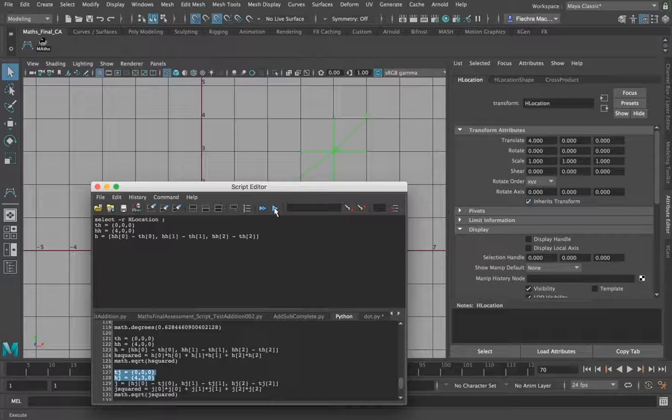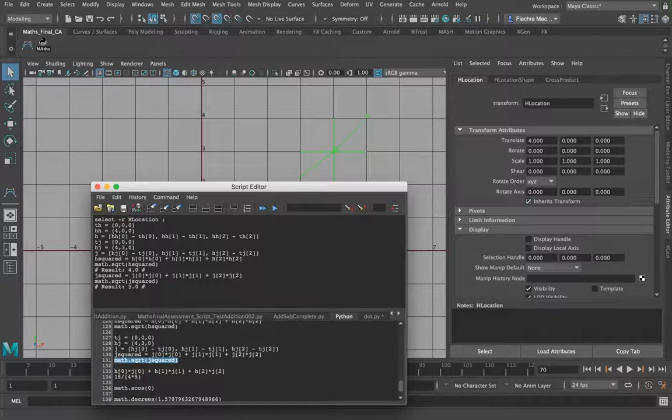do the same for j, multiply the x coordinate by the x coordinate, y coordinate by the y coordinate, the z coordinate by the z coordinate. So each coordinate will be squared, and then I get the square root of that. So it's 4 for h, and then I'm going to do the same for j, and that's 5.